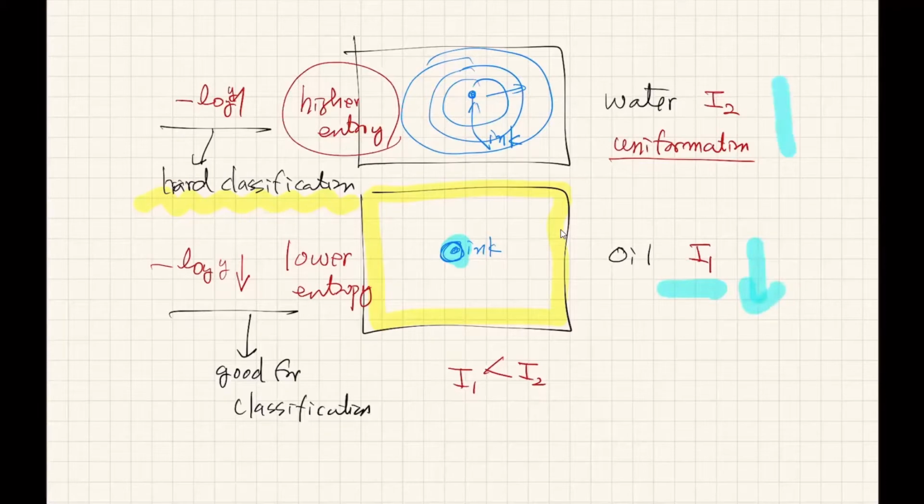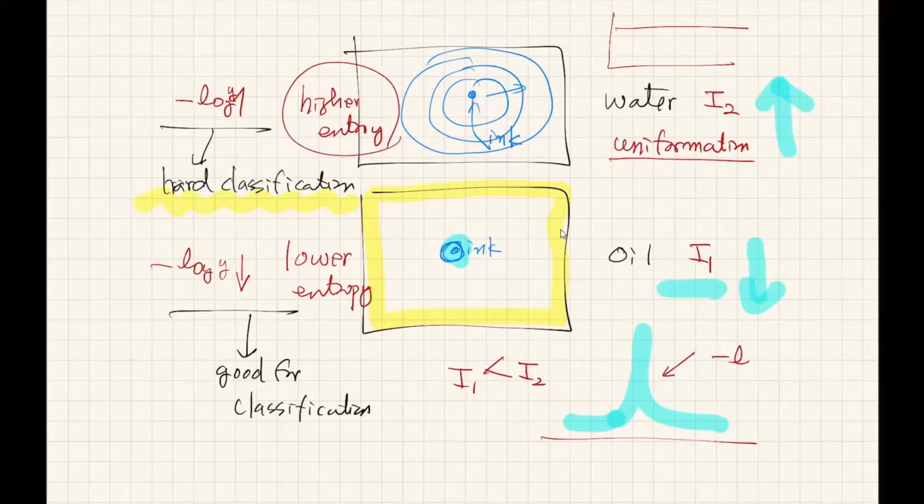This is a very high entropy, and here we have a distinctive distribution, but there we have a more uniform distribution. Mathematically, I would say this is a case where minus log y has a lower number, and here minus log y has a higher number.